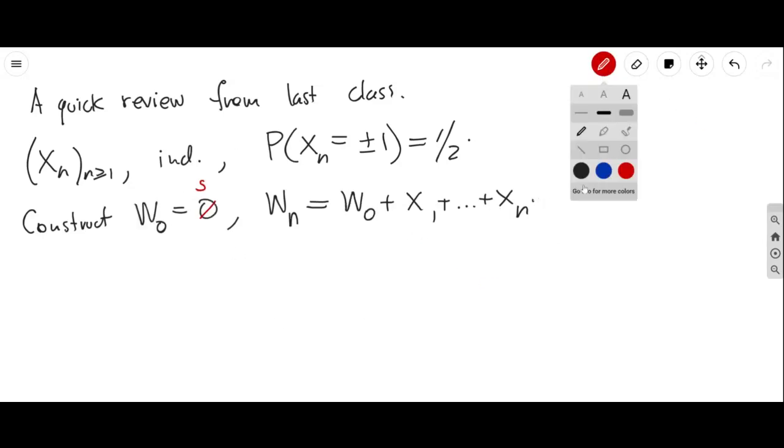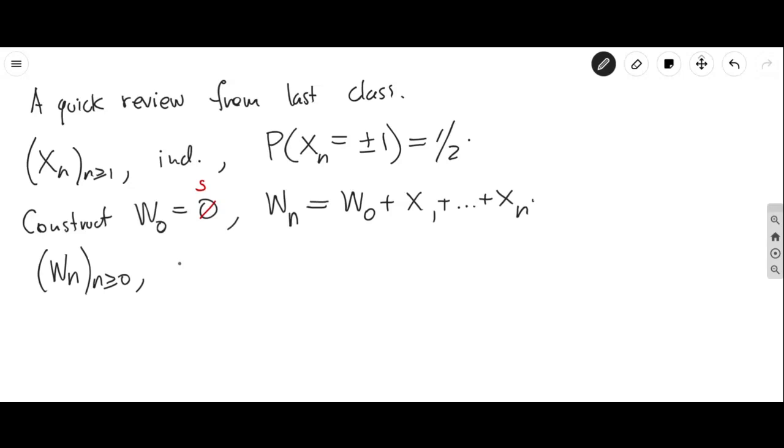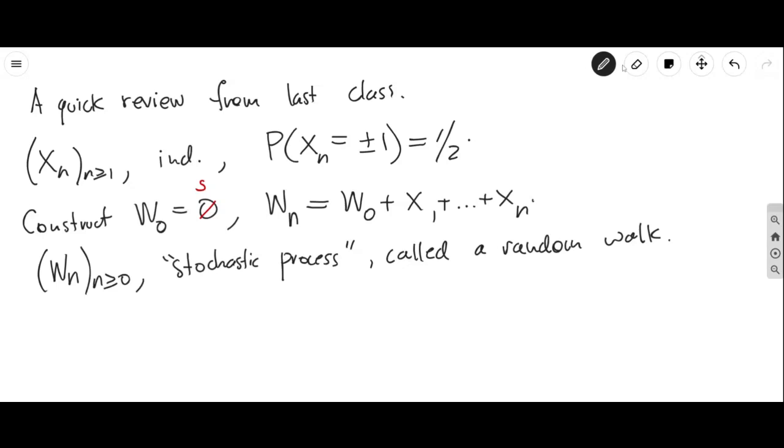So this is your random walk, and the random walk, this sequence, this is a stochastic process. A stochastic process is just a sequence of random variables called a random walk. Like I said, you can also call this a stochastic process because it is, after all, a sequence of random variables.